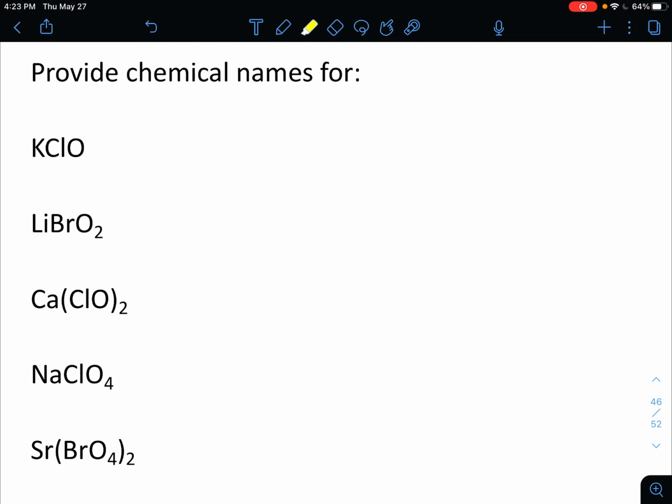Okay, so we're going to start by just incorporating these names into names with the alkali metals and alkaline earth metals, so we don't have Roman numerals to deal with. So we'll start by identifying the anion in each case with its name, and then we can just fill out the rest of the formula from there. So ClO, 1 oxygen, so that's hypochlorite, and it's paired with potassium, so that's just going to make it potassium hypochlorite.